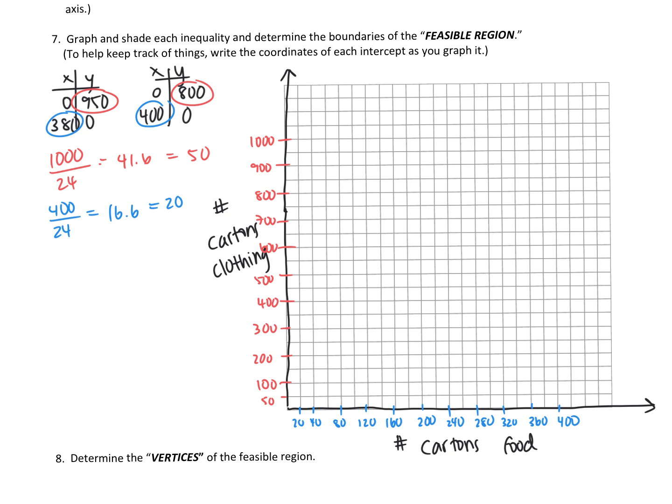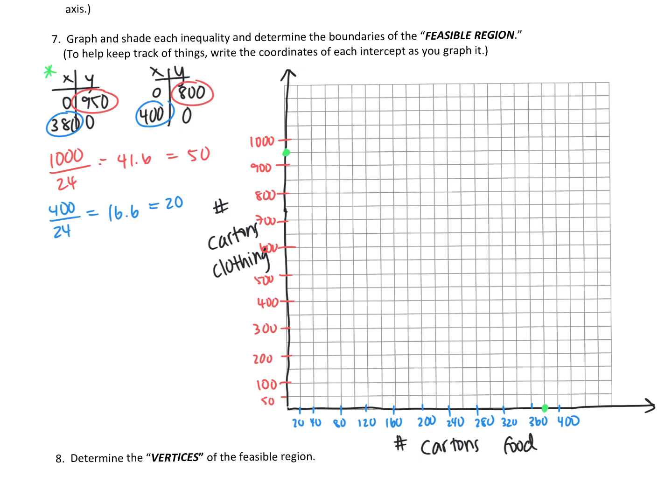Okay, so now we're going to graph. If I graph this first one, I have 0, 950, which is up here, 380, 0, which is down here, and then we have to connect those. Mine's probably not going to be that straight of a line.